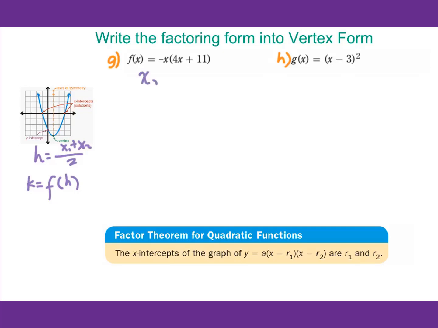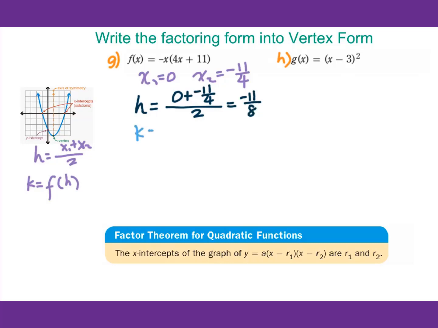Look at J. We got x1 equals 0, x2 equals negative 11 over 4. Therefore, we got h equals 0 plus negative 11 over 4, over 2. So we got negative 11 over 8. K equals f of negative 11 over 8.